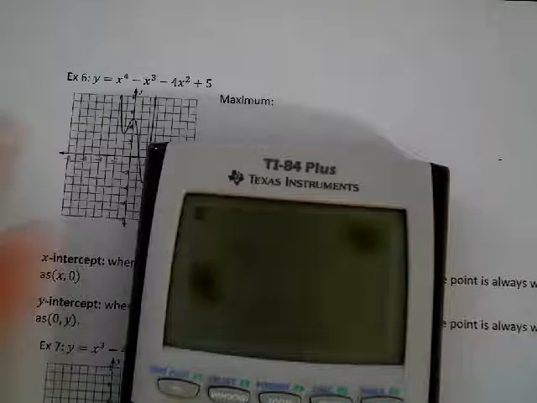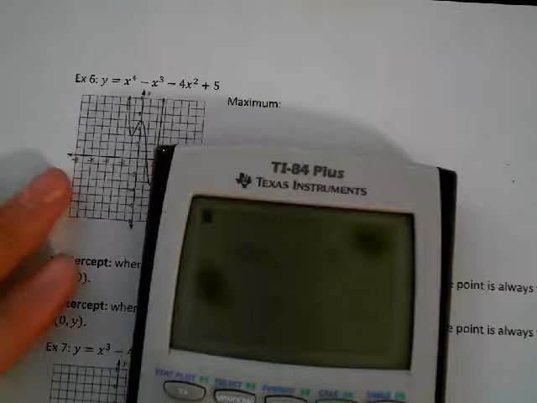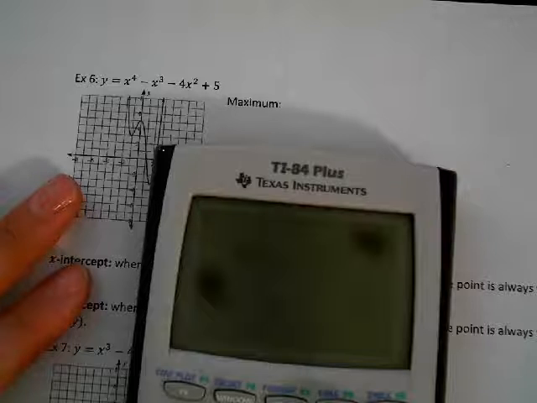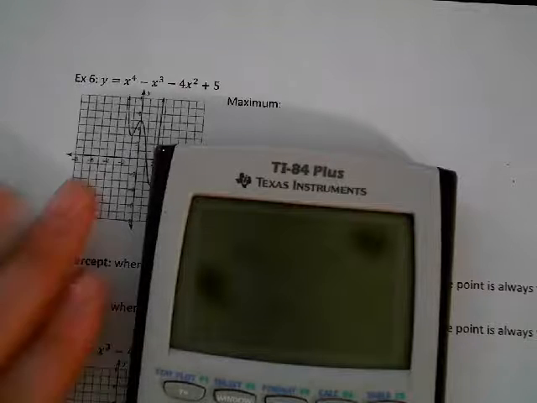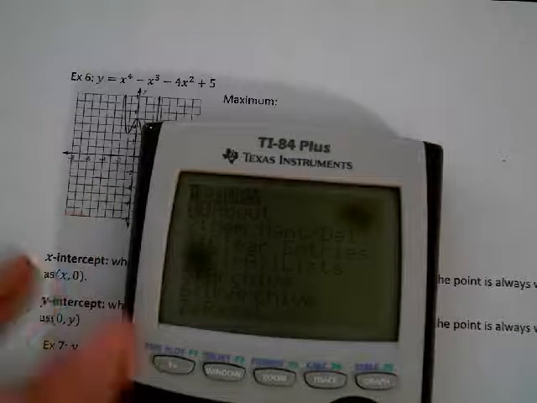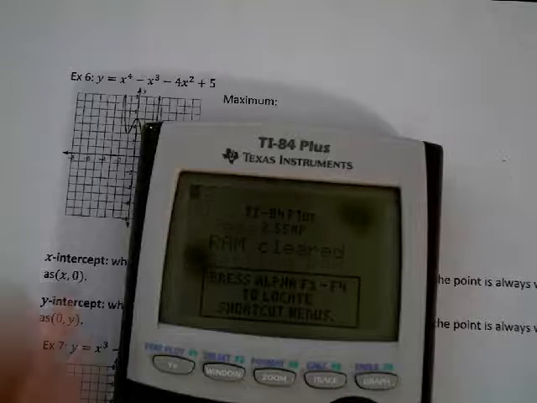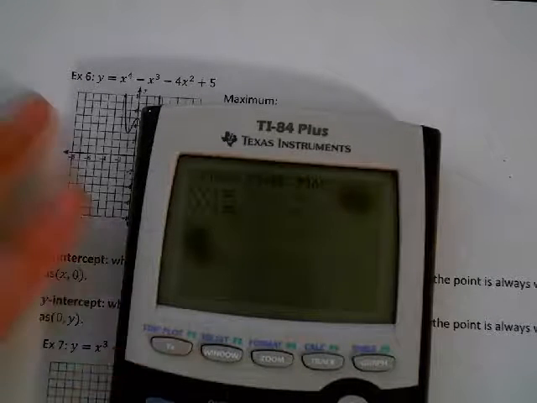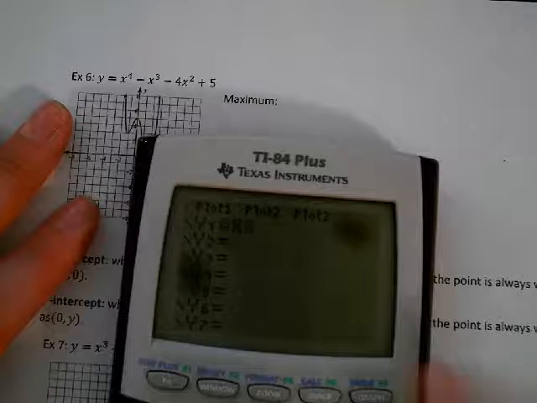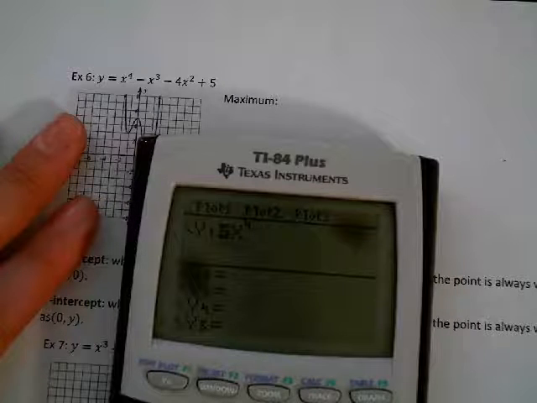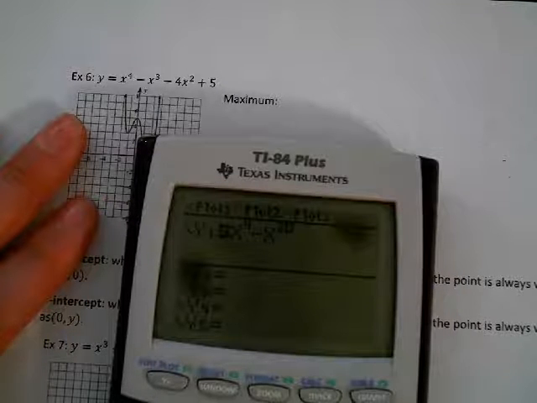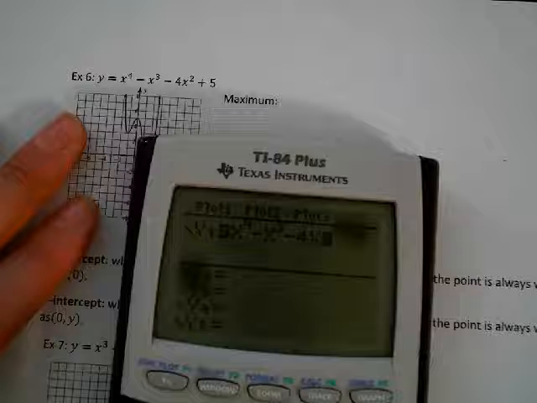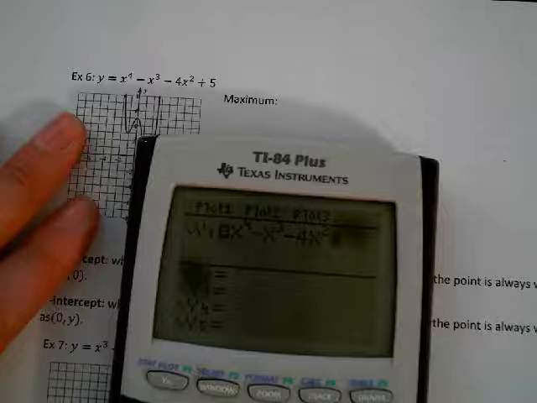If you're using one of my calculators, or if you have used your calculator for science class lately, you might want to clear the memory. So second plus 712 will clear the memory for you if you wanted to do that. And we can go ahead and type it in. X to the fourth minus x to the third minus 4x squared plus 5.